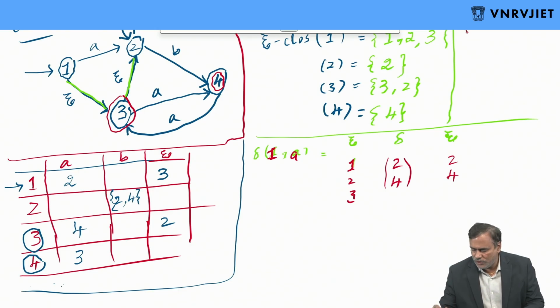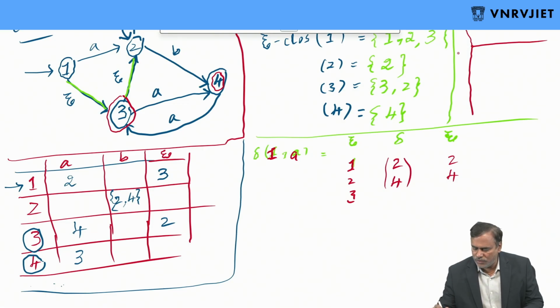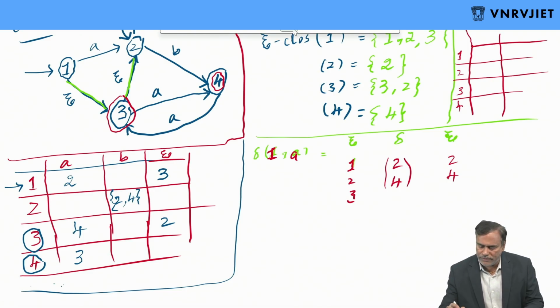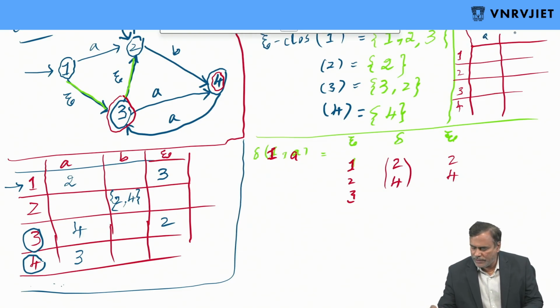If you want, let me write it here. You are known what states you have: 1, 2, 3, 4. You are known what input symbols you have. You have only two input symbols, A and B. This is the transition table of NFA.